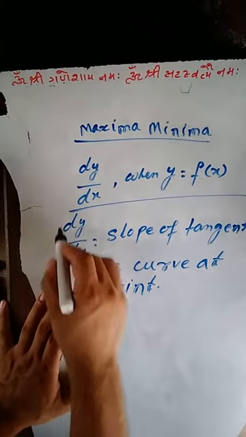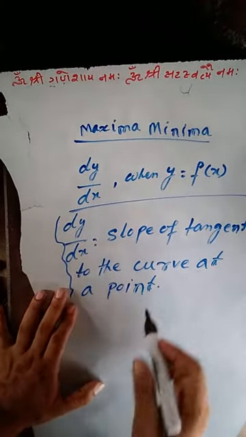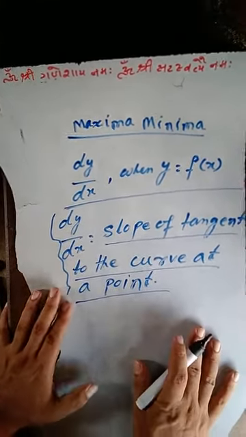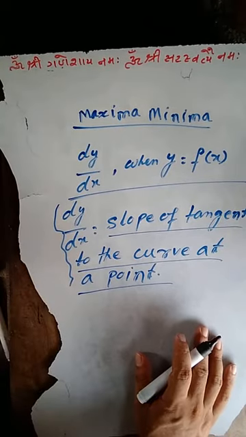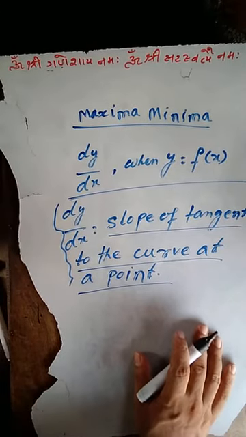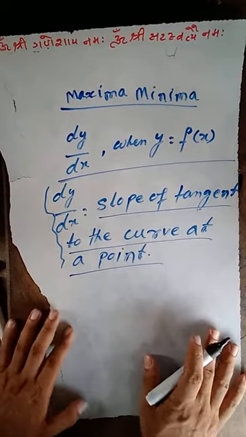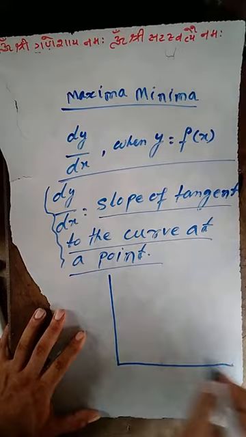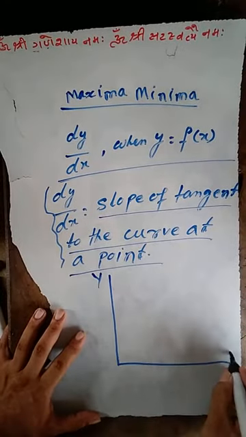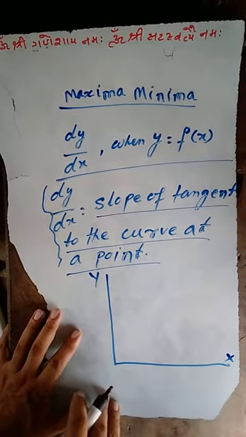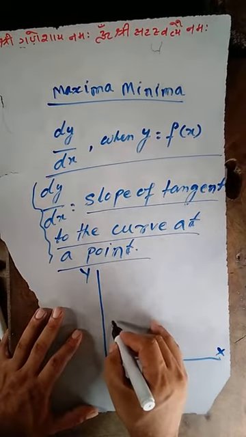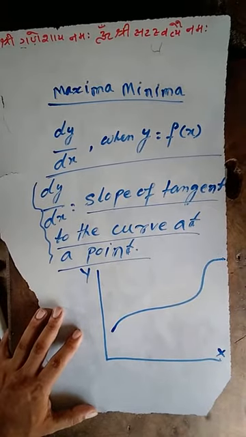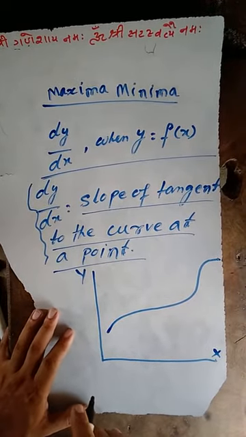In the last class, we studied that dy by dx actually means the slope of the tangent to the curve at a point. So, when we draw a graph, this is your y-axis, this is your x-axis, and suppose this is any arbitrary graph.